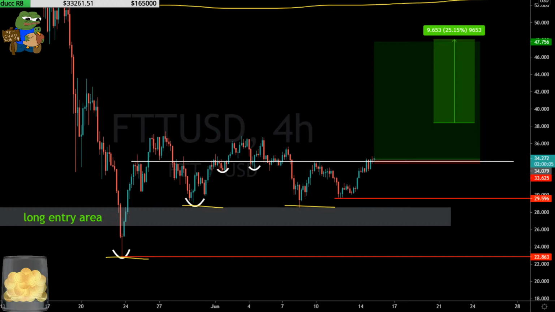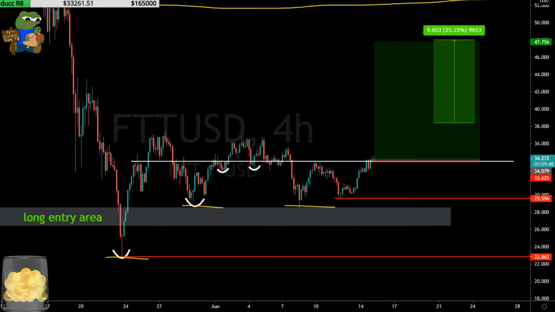All right. So FTT, you're above this, what was once resistance, support, resistance. You're now sitting right above it.